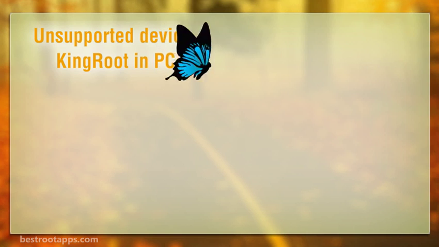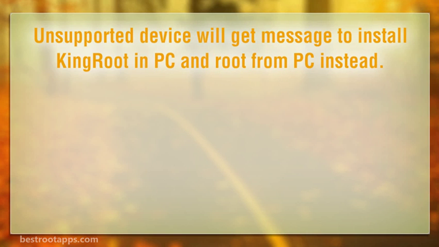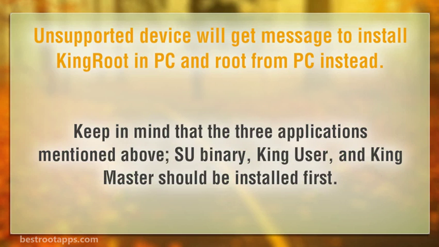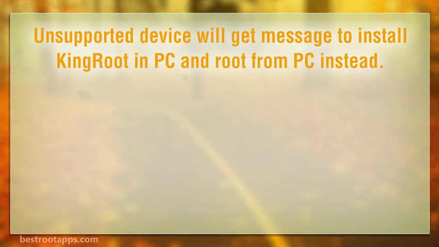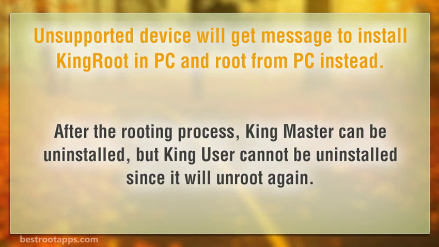An unsupported device will get a message to install Kingroot on PC and root from PC instead. Keep in mind that the three applications mentioned above, SU binary, Kinguser, and KingMaster, should be installed first. After the rooting process, KingMaster can be uninstalled, but Kinguser cannot be uninstalled since it will unroot again.